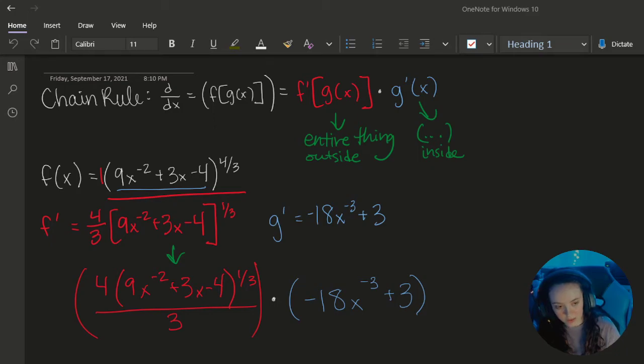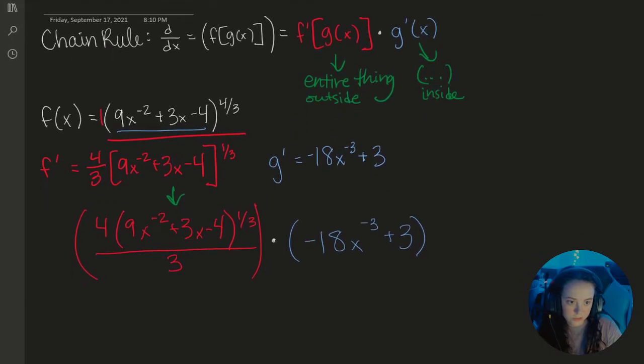Okay, now if it wants you to rewrite this, the only thing it's really going to have you do is rewrite it like this. And once again, these mean the exact same thing.